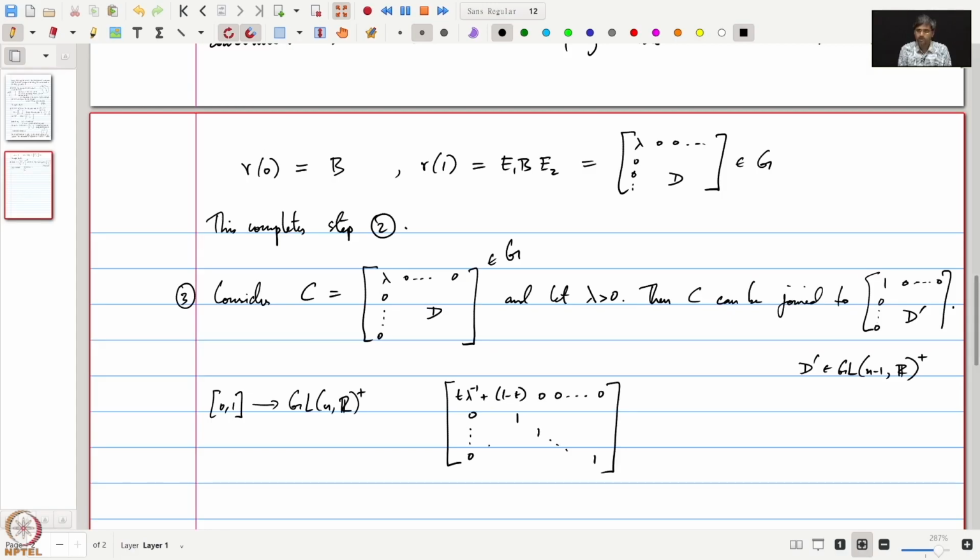In A11 it has this entry, and in all the other diagonal entries it has 1. What happens at this entry? Lambda is positive, so lambda inverse lies over here, and let's say 1 is over here. Then this is the straight line joining 1 with lambda inverse. And we just multiply this with C.